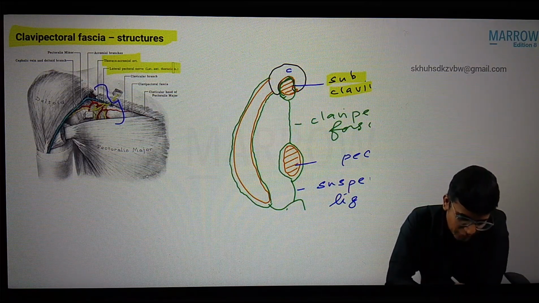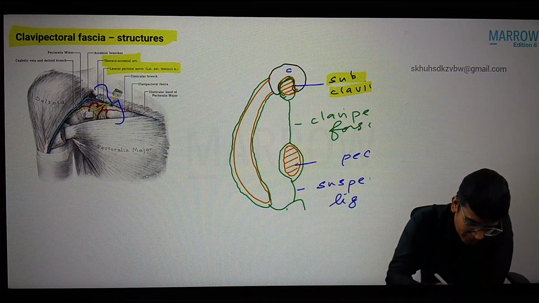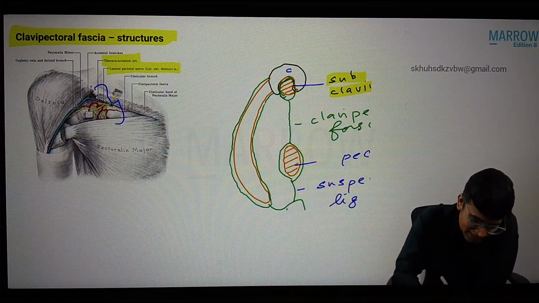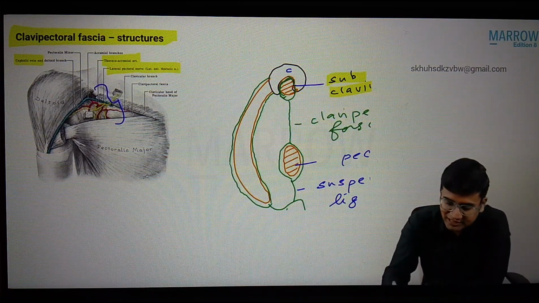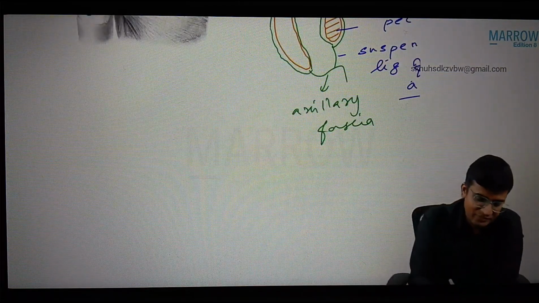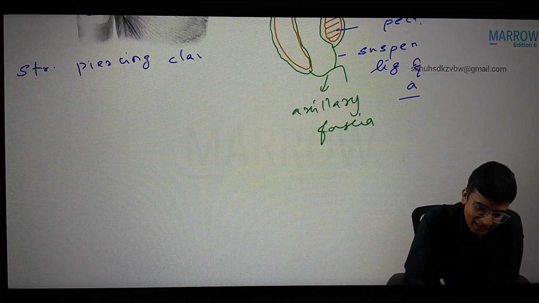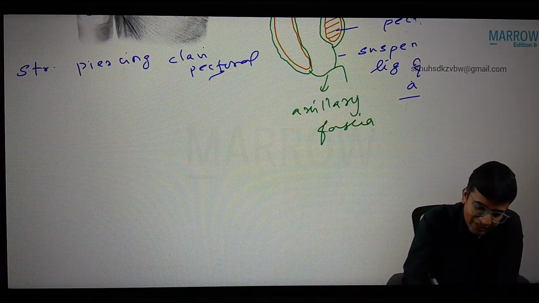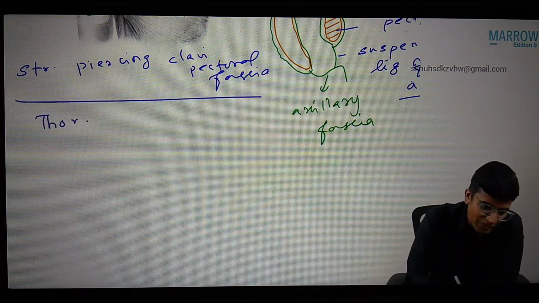Vein, cephalic vein. The blue color is the cephalic vein. So, we write here: structures piercing the clavipectoral fascia. Artery. Which artery? Thoracoacromial artery.